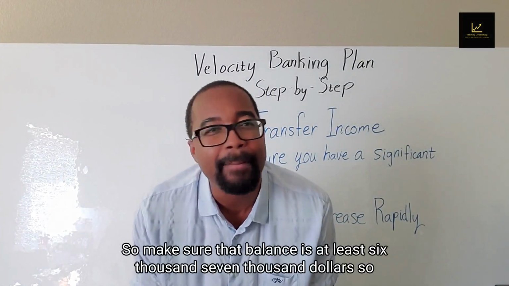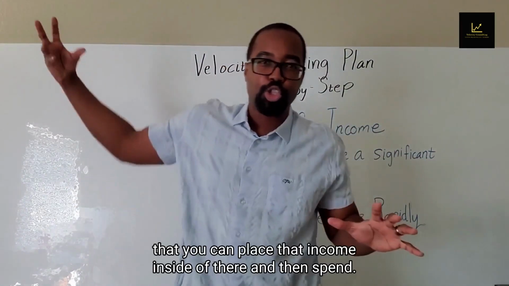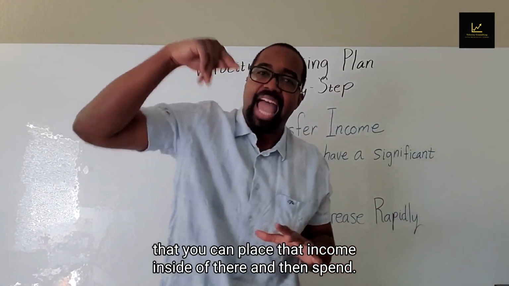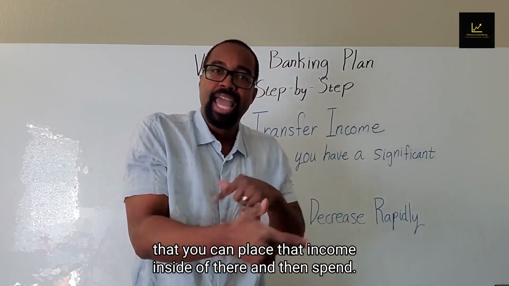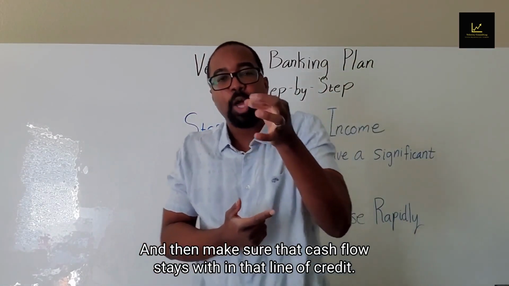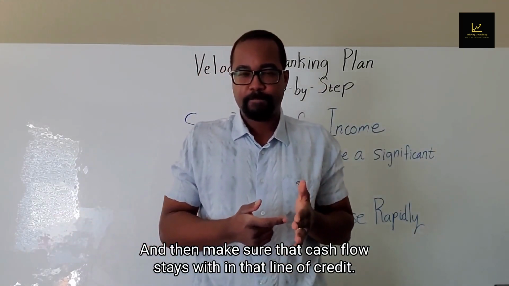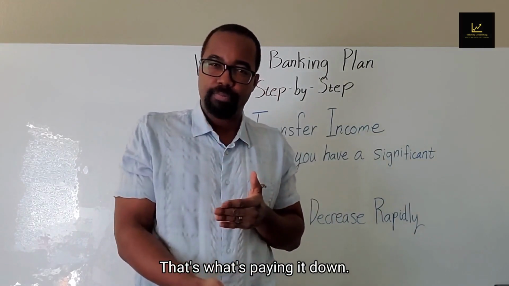So make sure that balance is at least $6,000, $7,000 so that you can place that income inside of there and then spend. And then make sure that cash flow stays within that line of credit. That's what's paying it down.